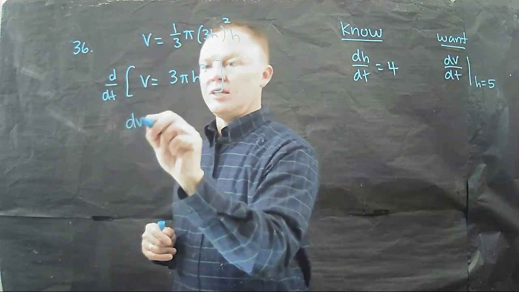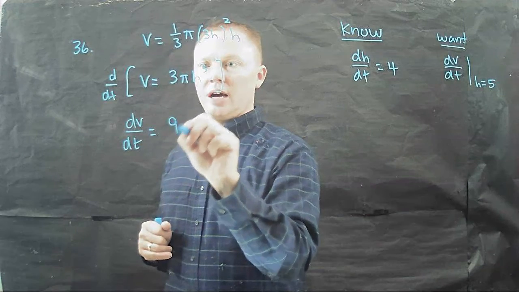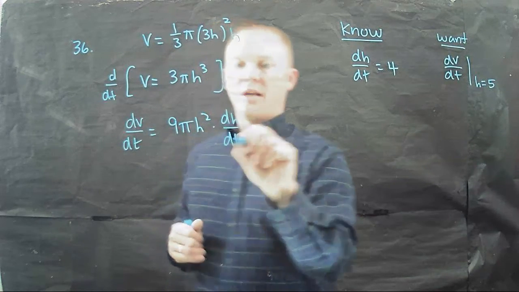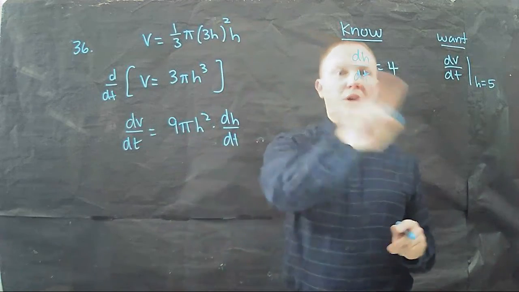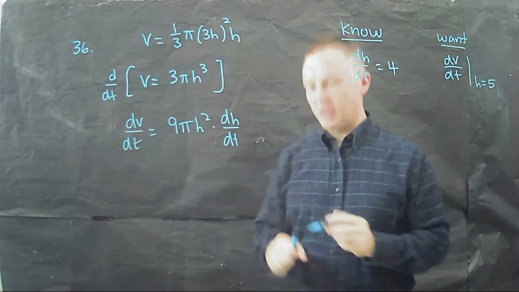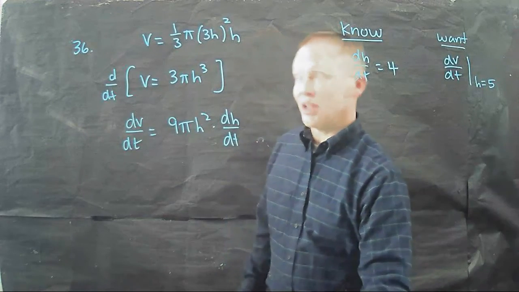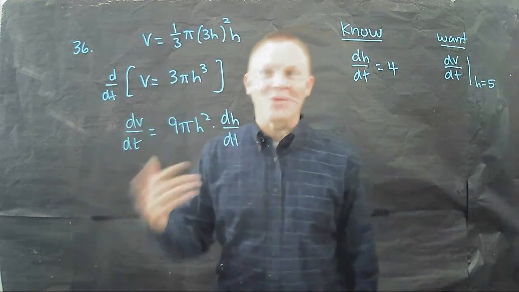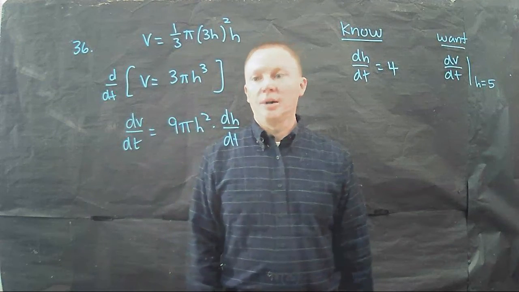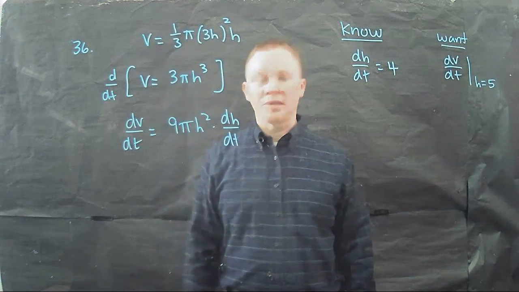So dV/dt is going to be 9 pi h squared times dh/dt. And now we're plugging in 4 here and solving for dV/dt. In fact, it's already solved for dV/dt. So honestly, 36 is probably an easier problem than 35 because you don't have to do any algebra to solve for the thing that you want. You just plug in 5 here, plug in 4 there, and do the arithmetic.